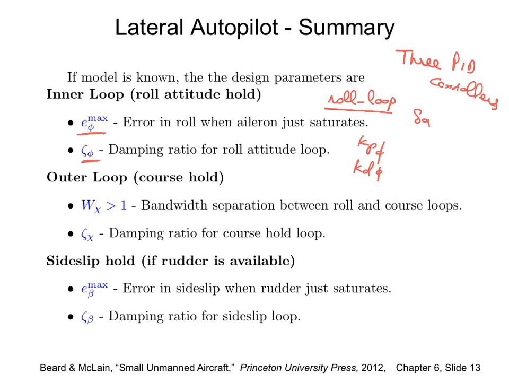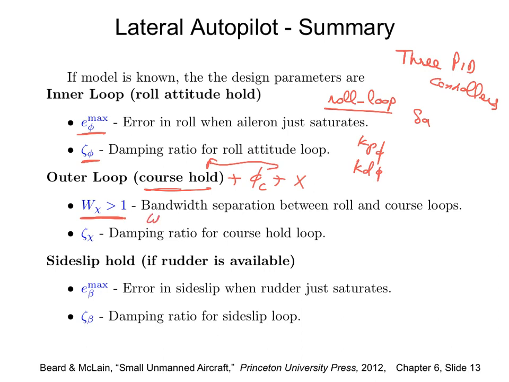The other loop is the outer loop, which is the course hold. The input is phi commanded and the output is course. So phi commanded is computed here, and then it goes and uses the roll loop to compute delta A. So the idea here is the design parameter: you have to keep the outer loop slower.